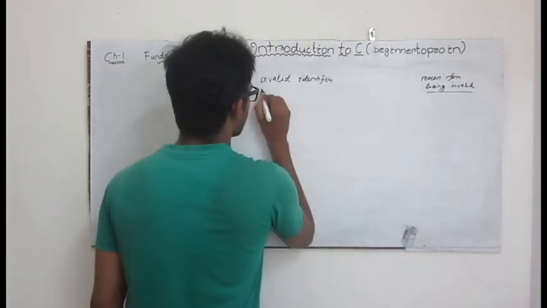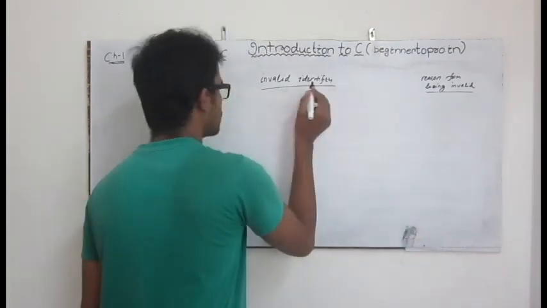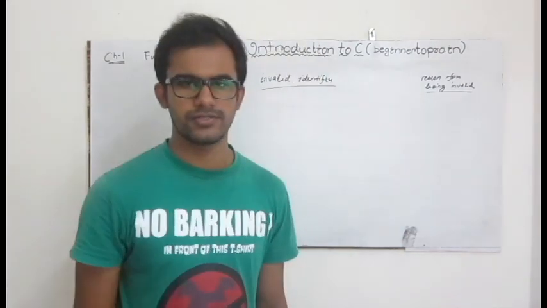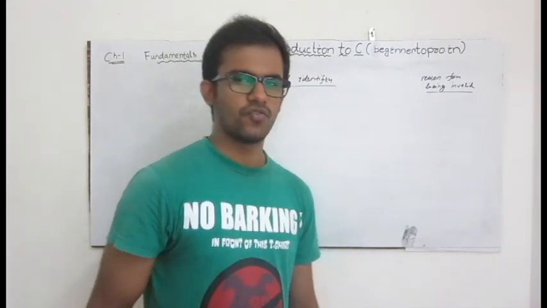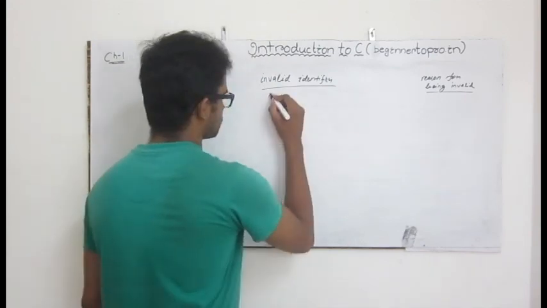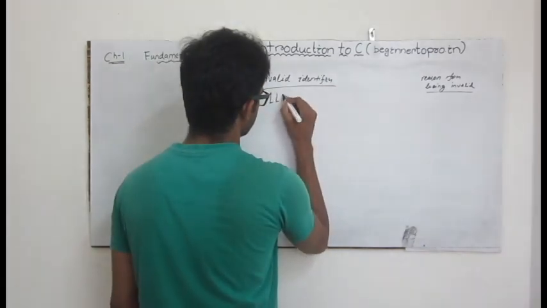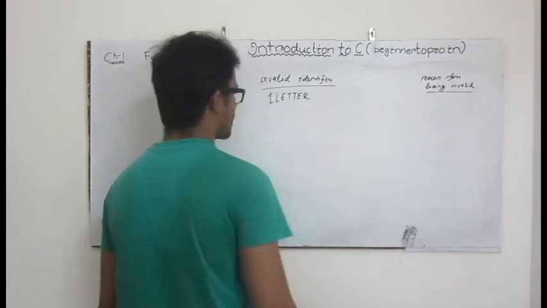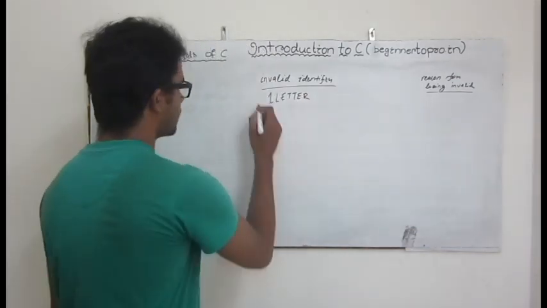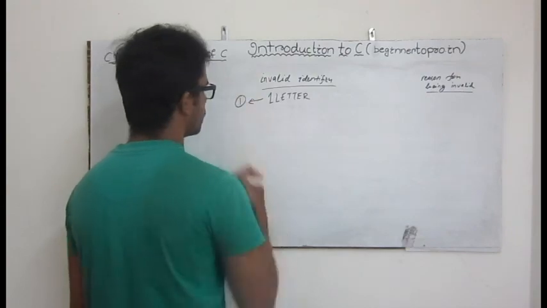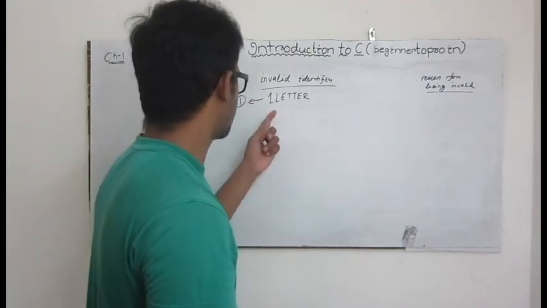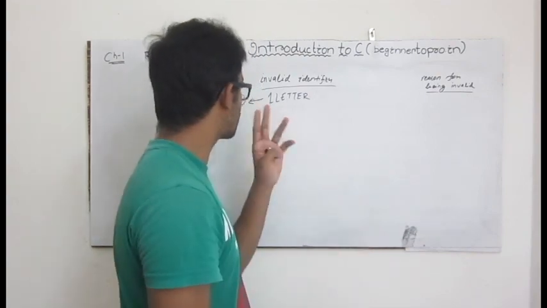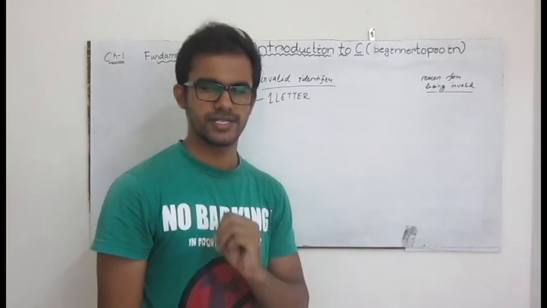I'll also tell you which rule it is violating. Our first one is one letter. Which rule is it violating? Rule number one: an identifier must not start with a digit.